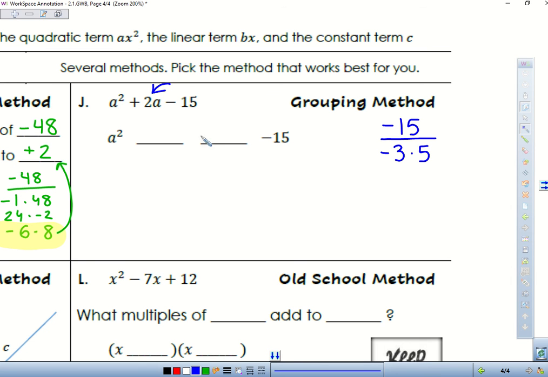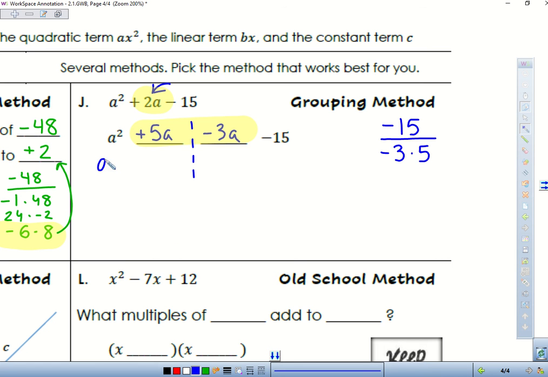So let's say instead of writing 2a, can't we write 2a as positive 5a minus 3a? Isn't that the same thing as 2a? We could rewrite it that way, right? So I take this and I rewrite it in a different way. Now we could use factor by grouping. What can we factor out of the left side here?